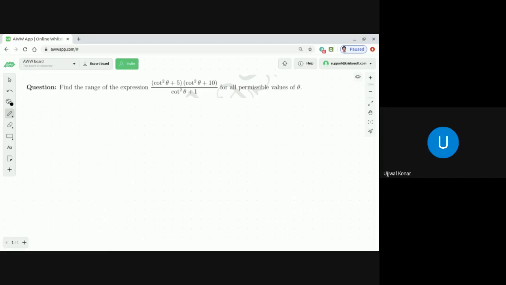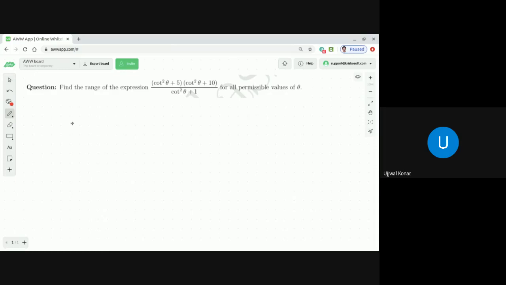Okay. Yes, sir. So the question is: find the range of the expression for all permissible values of theta. You can let me know how you proceed with this question.